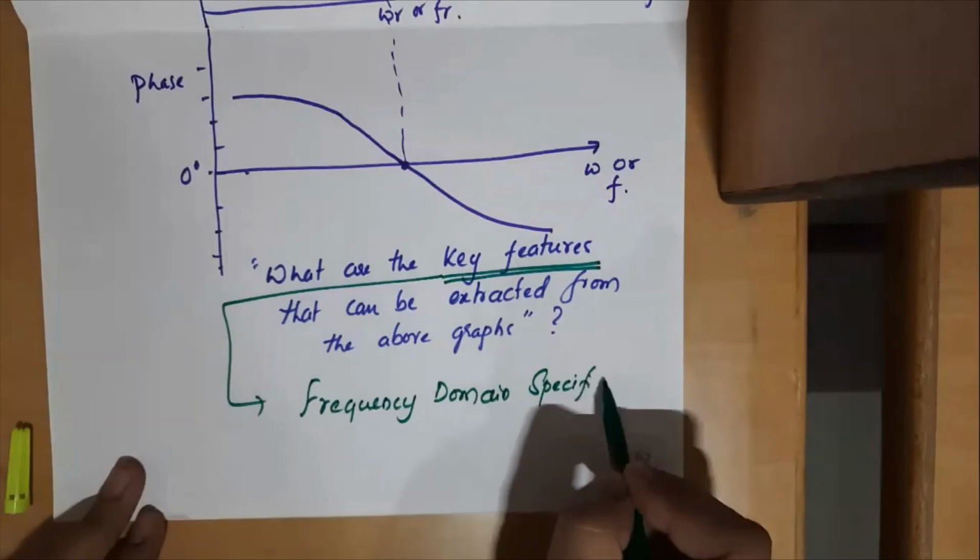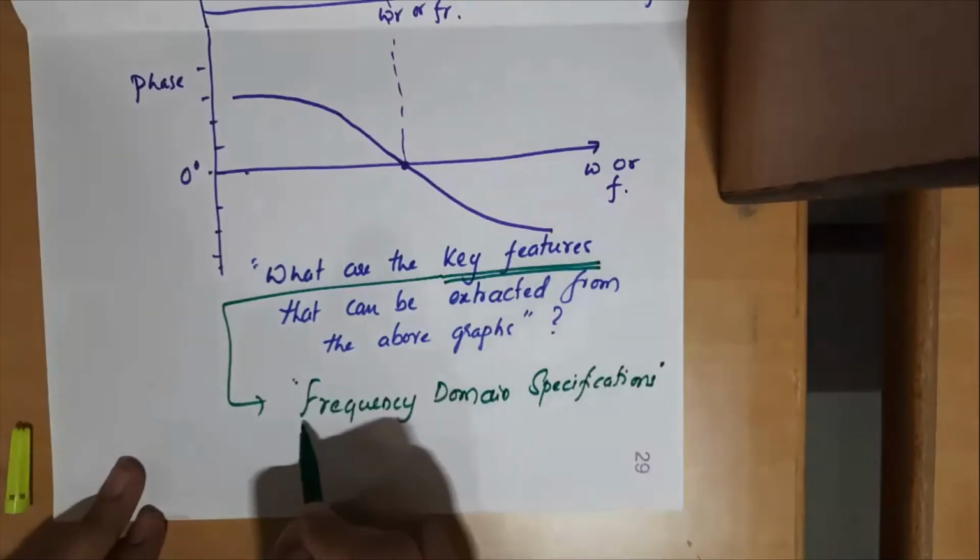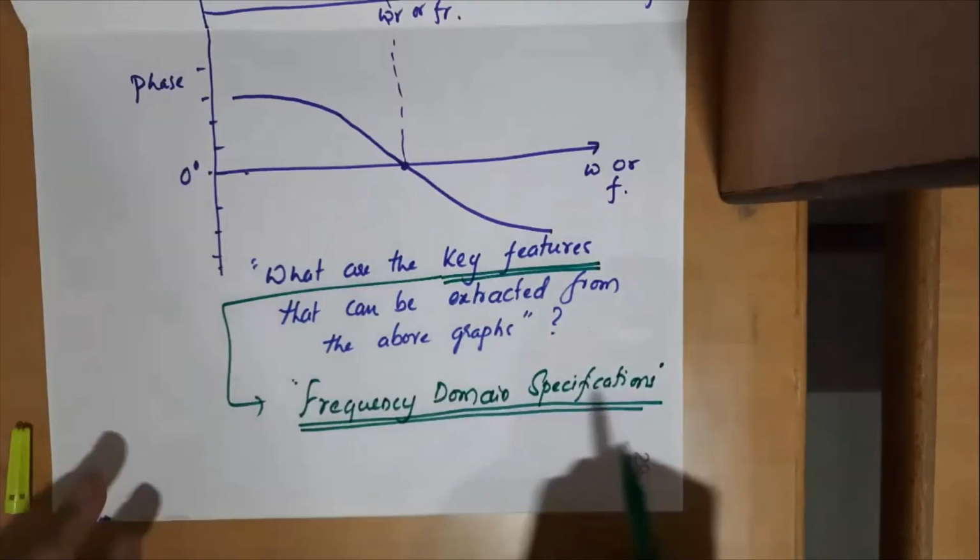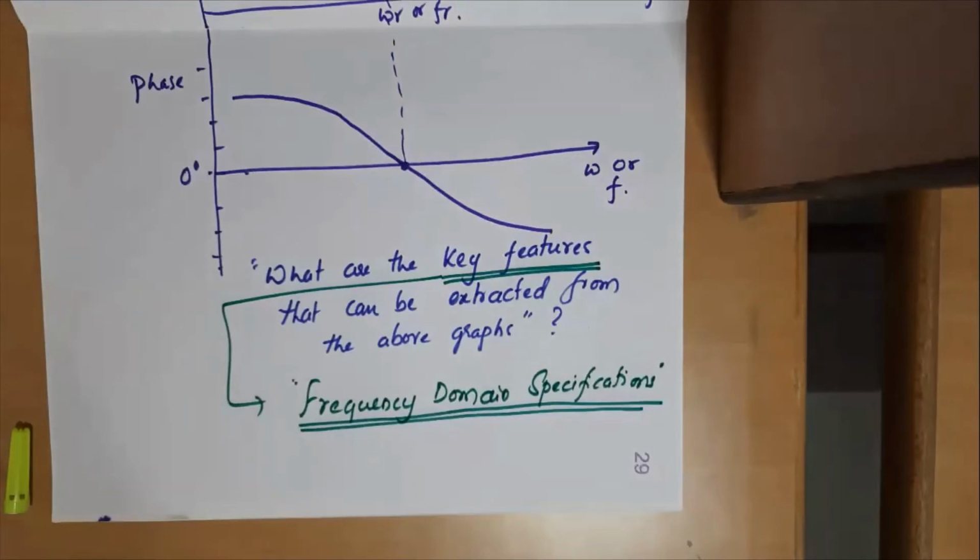Just by observation, you can name two frequency domain specifications very quickly. Can anybody give the answer for this?